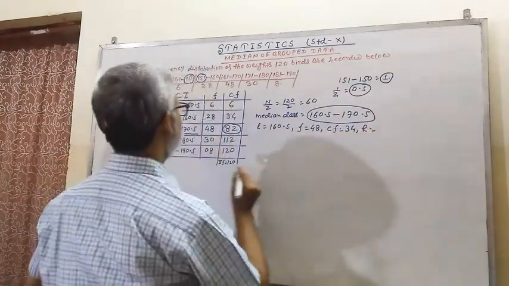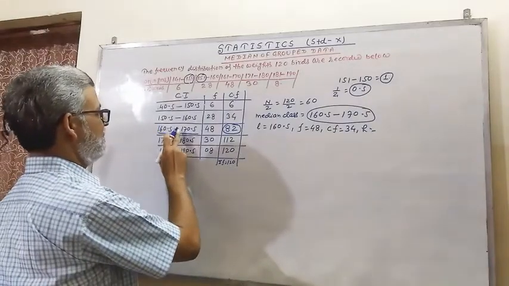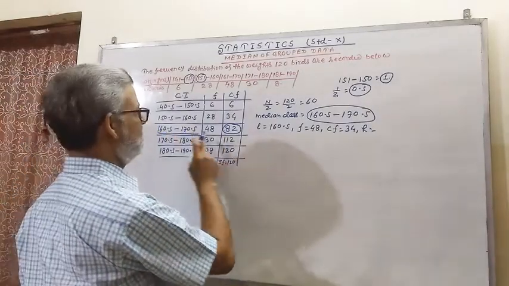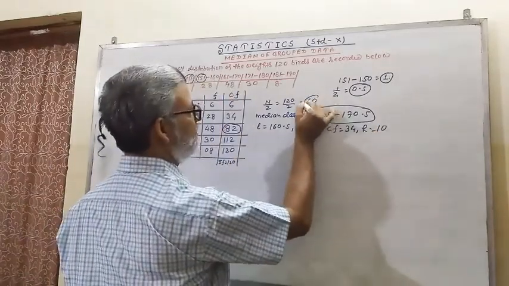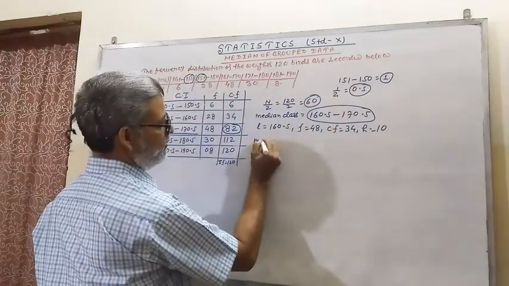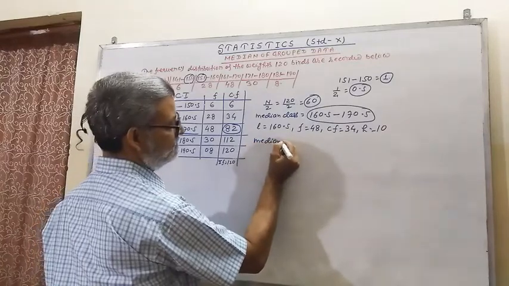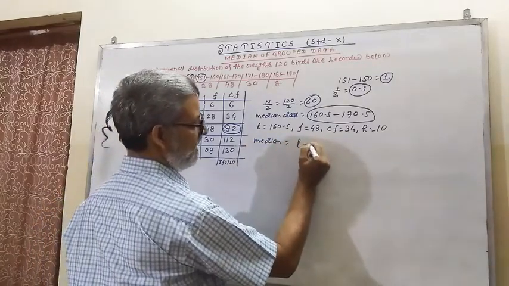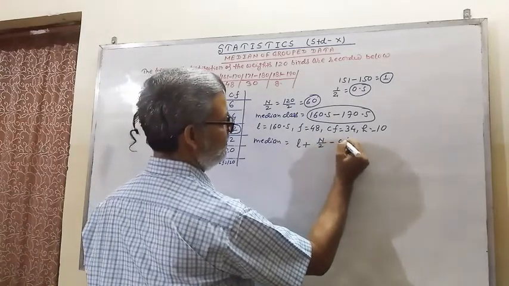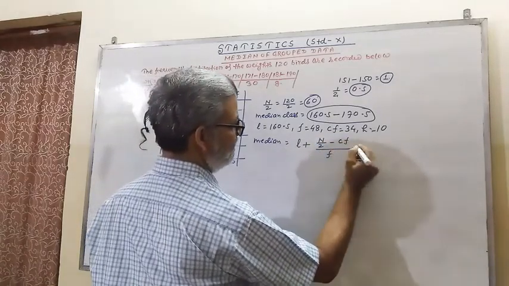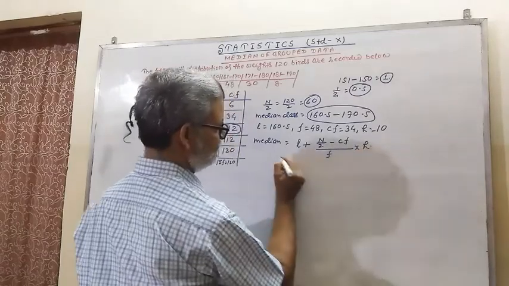H is 170.5 minus 160.5, that is 10. N by 2 is already 60. Now the median is equal to, what is the formula? L plus N by 2 minus CF by F into H.